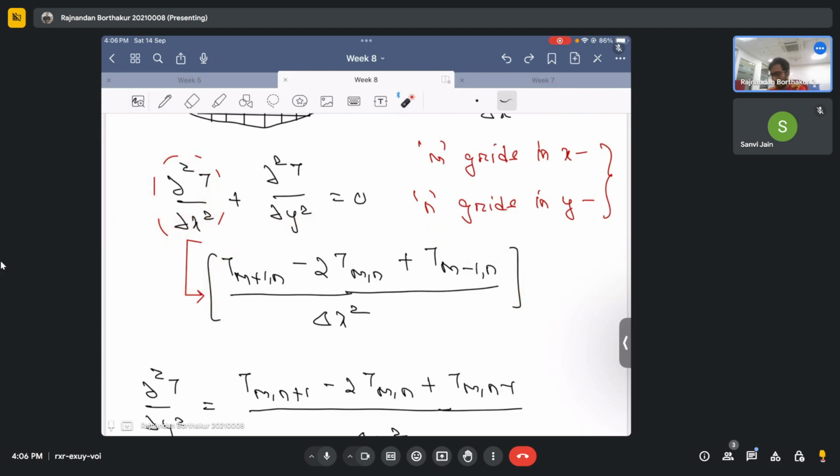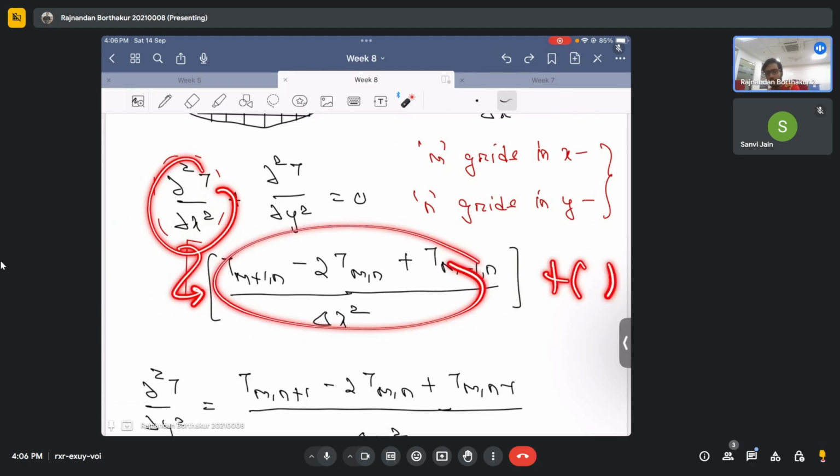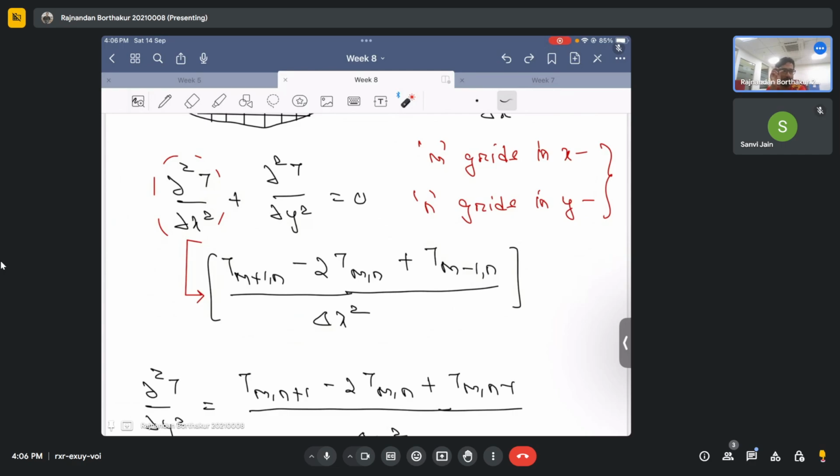So your del 2 T by del x2 will not be exactly equal to this because it contains an error. But if you choose your grid points to be very fine, or the distance between grid points is very small, meaning your delta x and delta y are very small, then the errors arising from these expressions are negligible, and you can approximate del 2 T by del x2 as just this form.